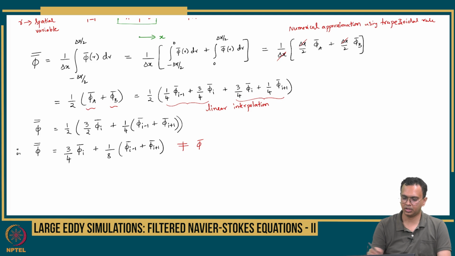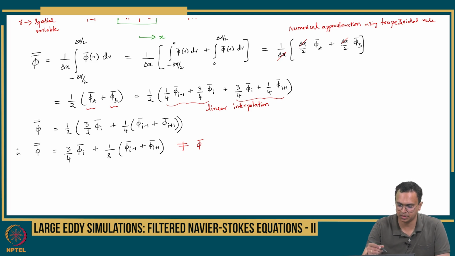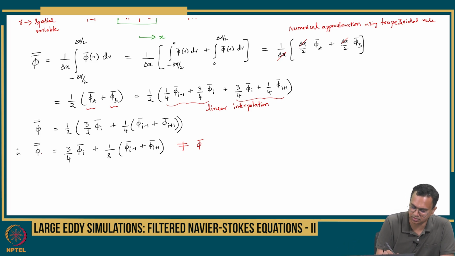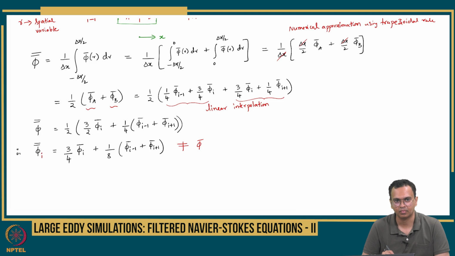So phi I double bar is 3/4 of phi I bar plus 1/8 of its neighbors, and this is not the same as phi I bar.